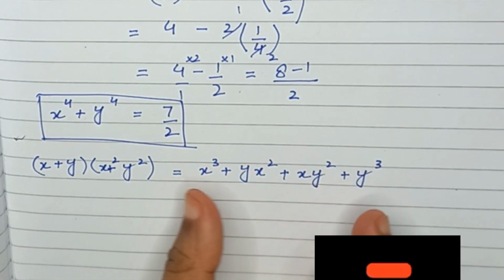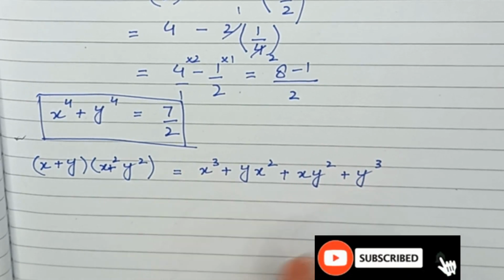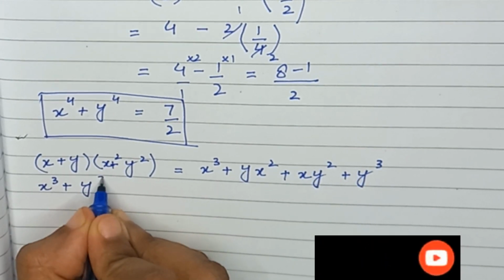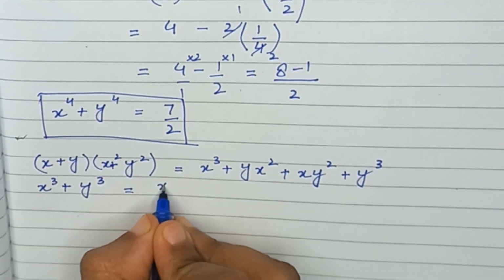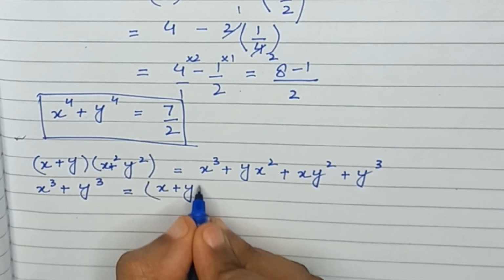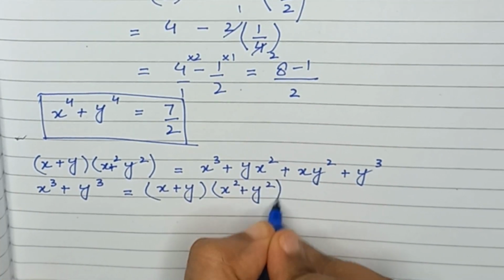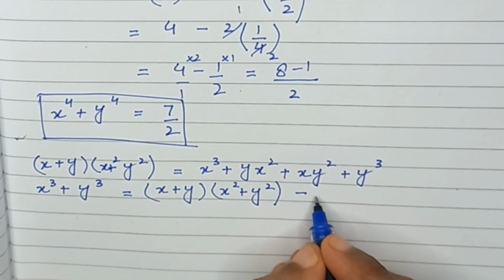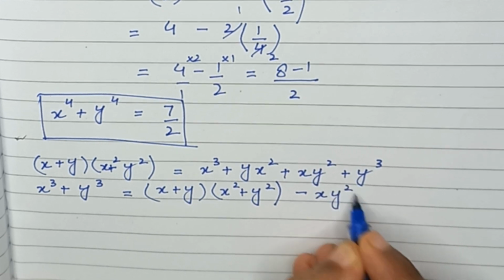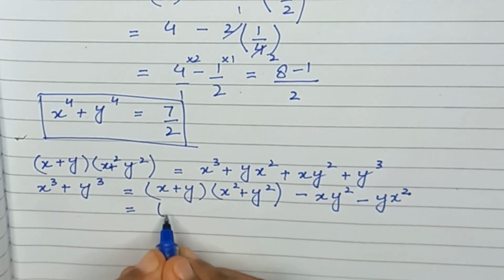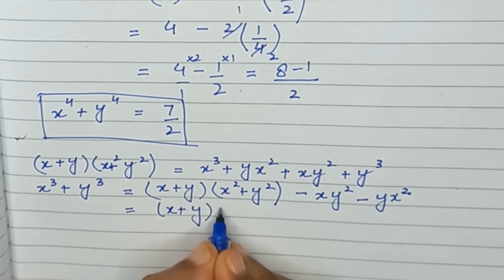So from here we will get the value of x cube plus y cube, which will be equal to x plus y times x square plus y square, and negative xy square, negative y x square. So it will be equal to x plus y times x square plus y square.